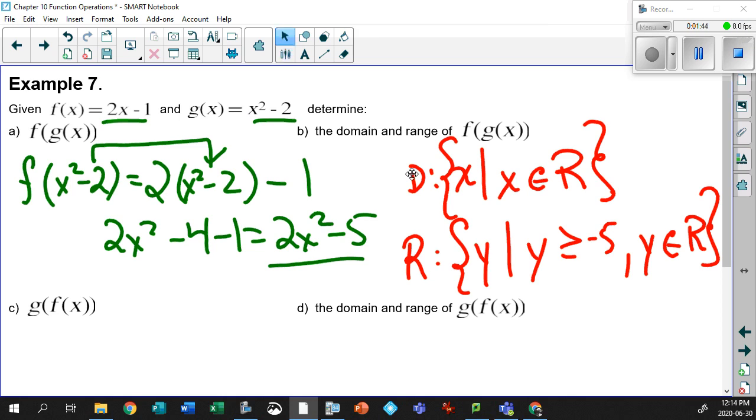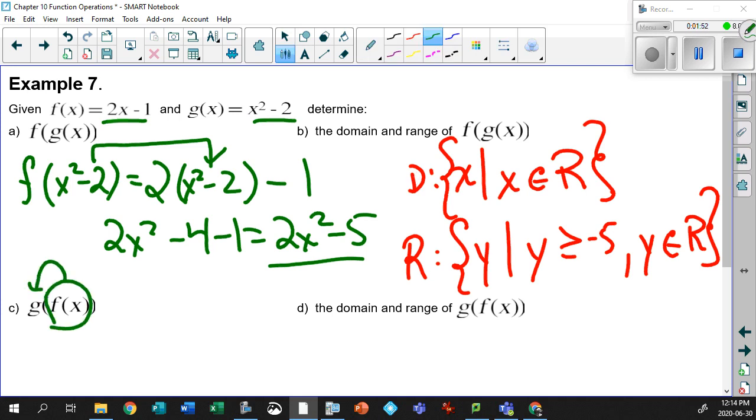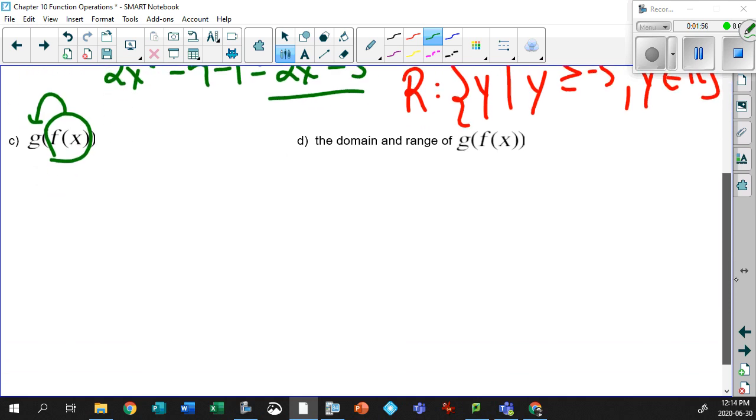So let's do C just as quick and as fast. This one says I'm going to take my f of x, and this time put it into my g of x. Okay, no problem. My f of x here, of course, is 2x minus 1. So I'm going to substitute 2x minus 1 into my g of x, which is x squared minus 2.